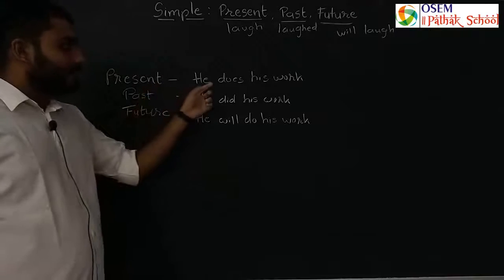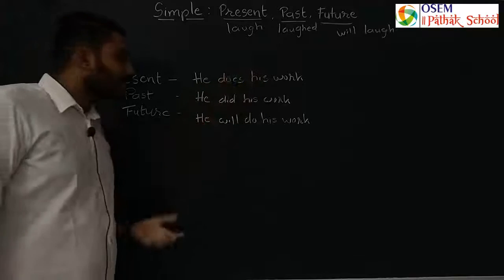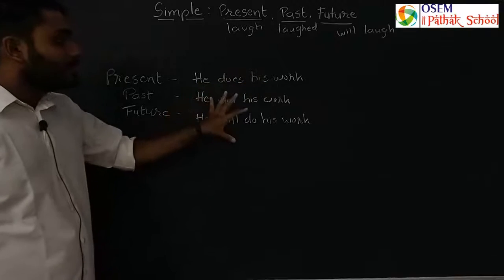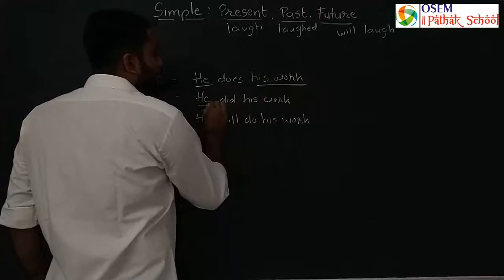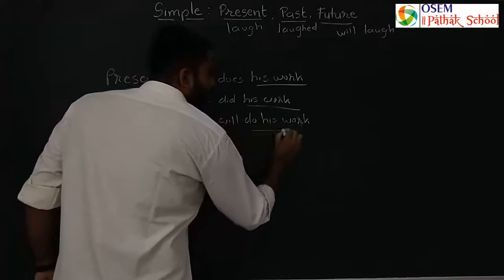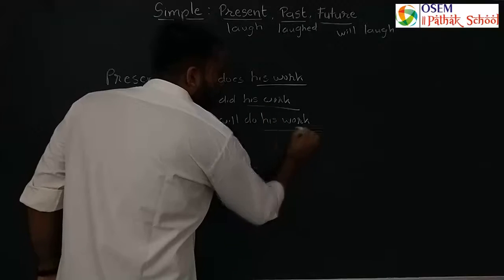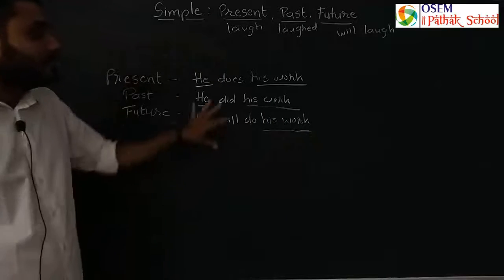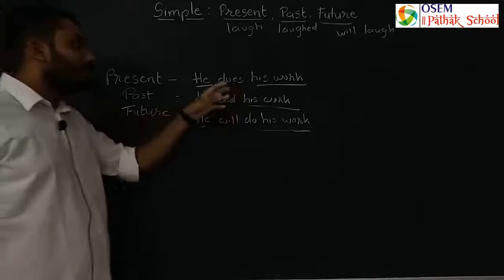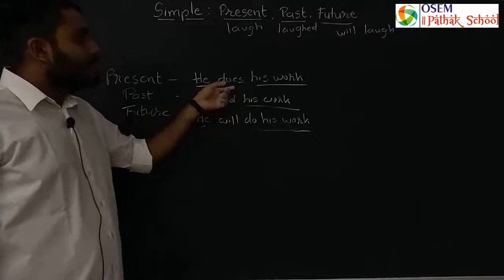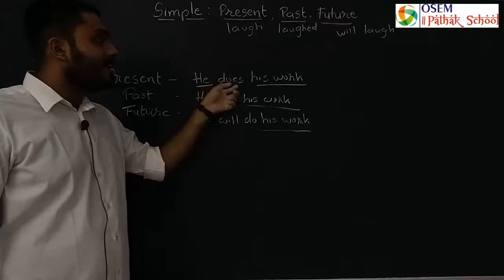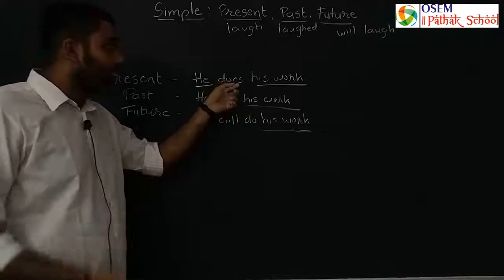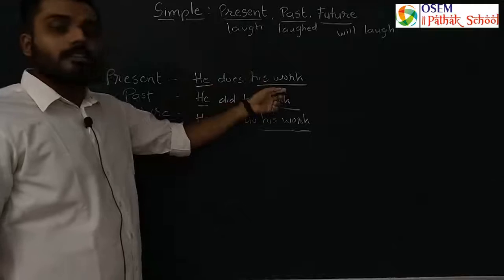In present tense, if I write he does his homework, the rest of the part will remain the same. He stays the same everywhere, right? He and his work. We will just have to change the main thing. In present tense we wrote does here. With he, she, it comes does, right? So he does his work.